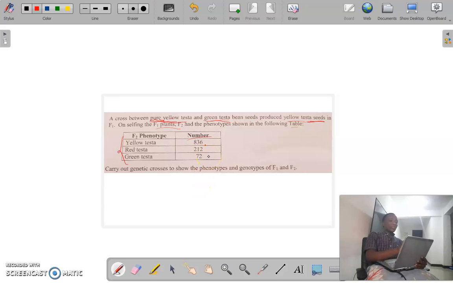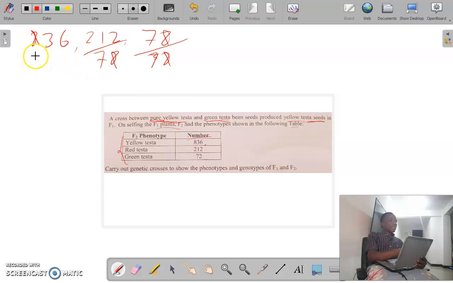So we can arrange those numbers in this way: 836 for the first group, then 212, and then 78. The smallest number among those three groups is 78. So we can divide by 78, then divide by 78, and also divide by the same number, which is 78. That's how we're going to work with this.